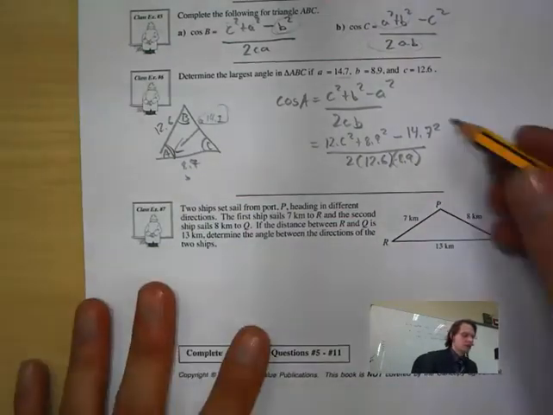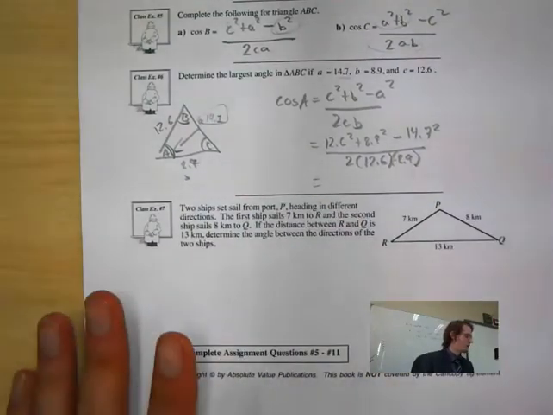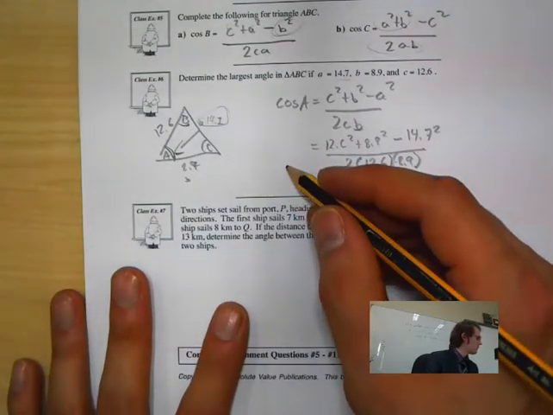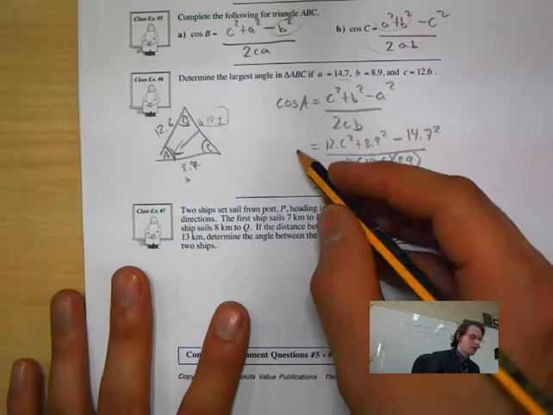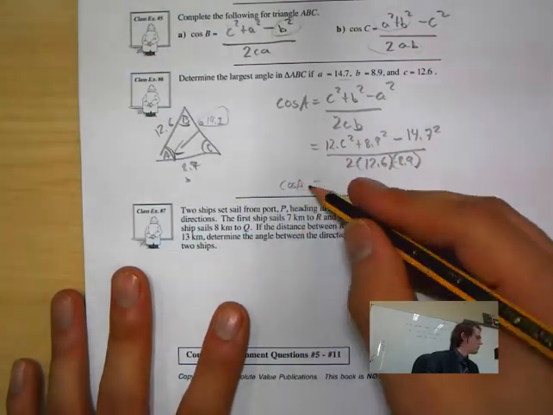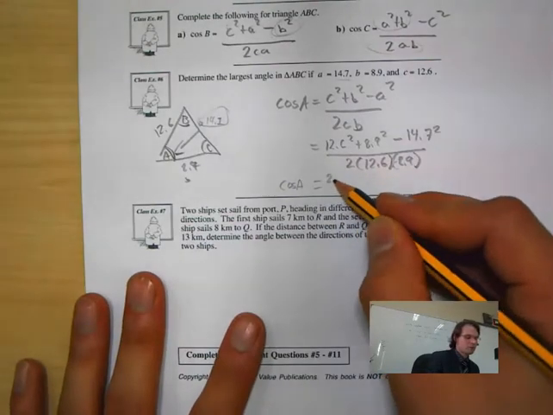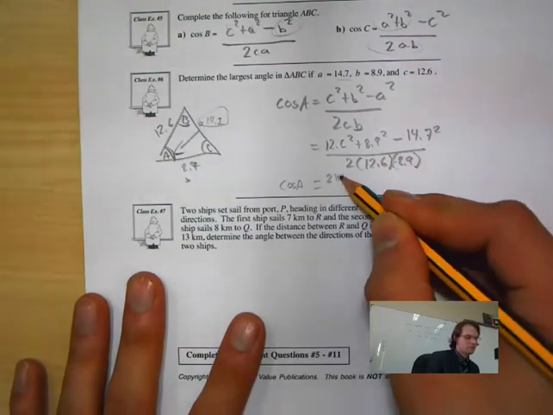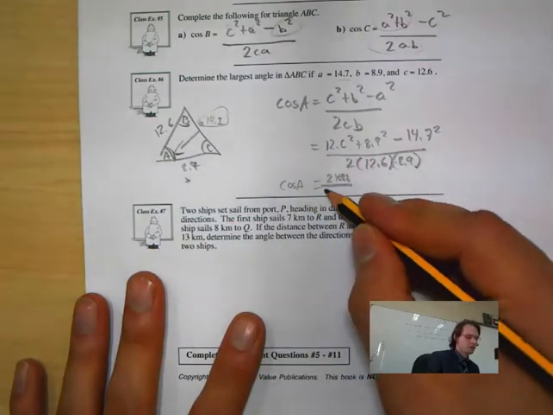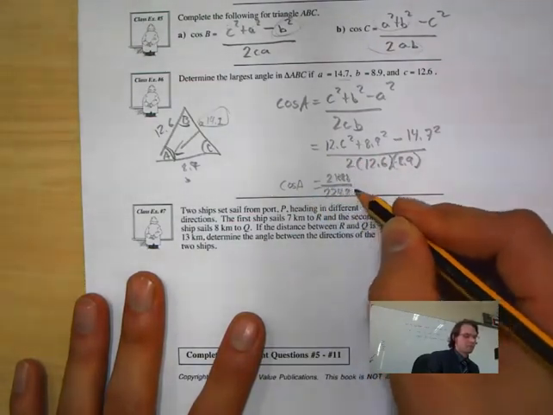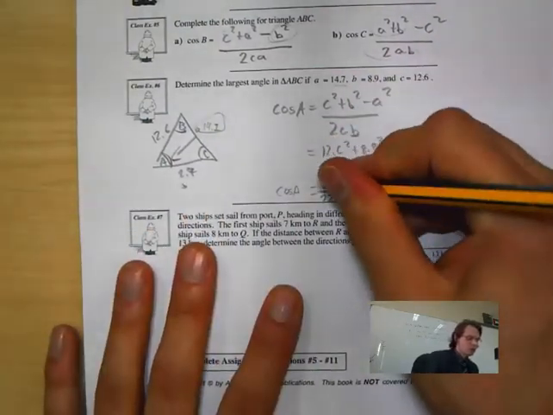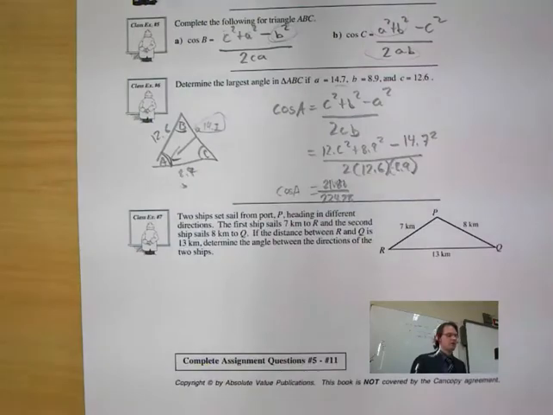So this will give you an answer of cos A is equal to 21.88 all over 224.28. I'll just clear this up so it's more clear.